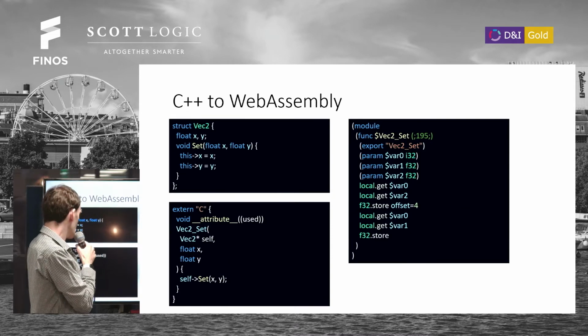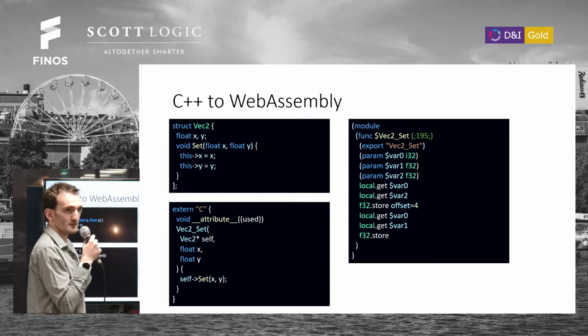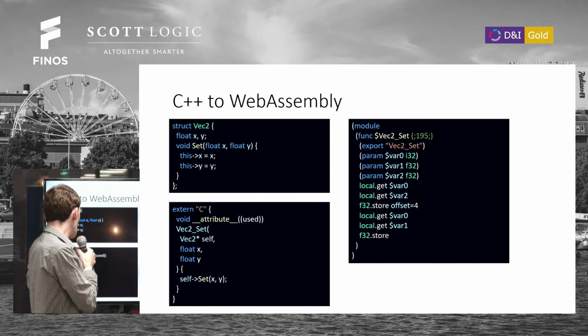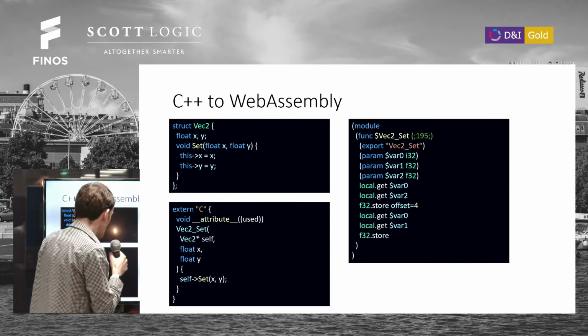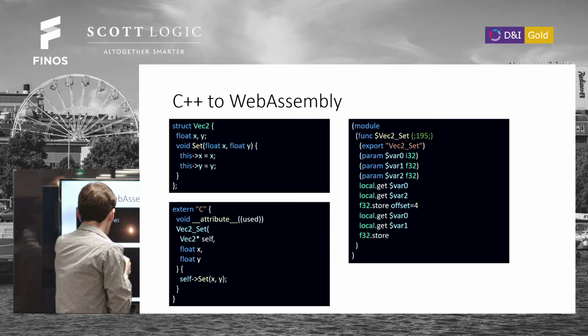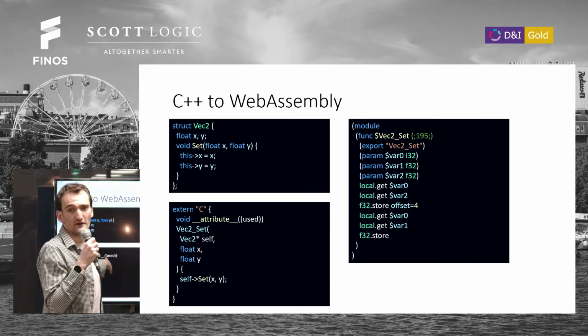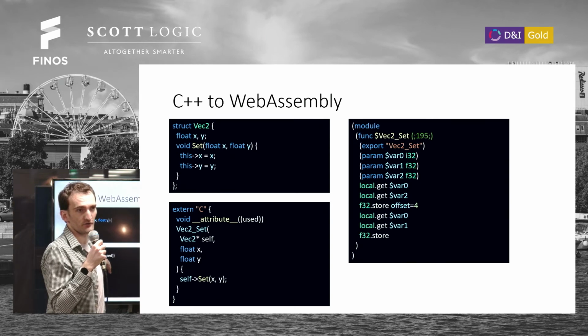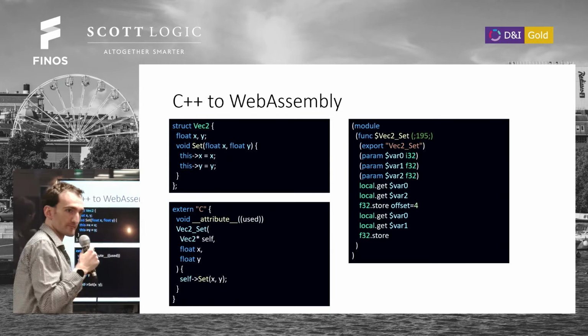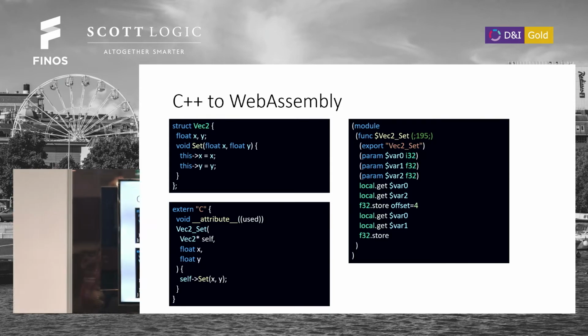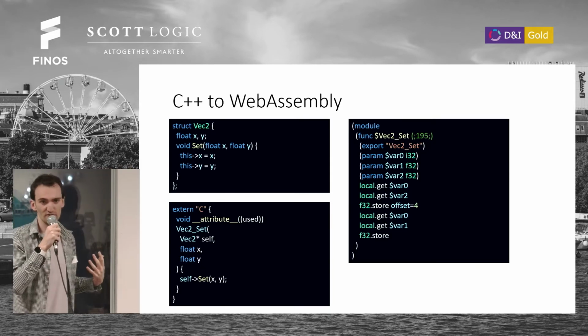You would take a pointer to the object instance and all the parameters, and you would delegate. You would forward the call to the C++ function. This visibility modifier tells the linker not to get rid of unused code and to make it a public symbol. So we're going to need to make 1,500 of these.